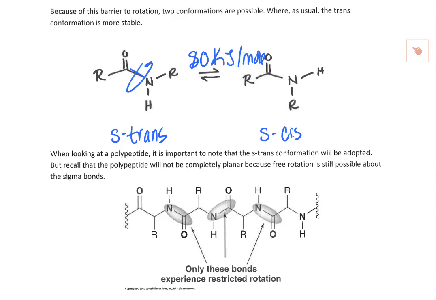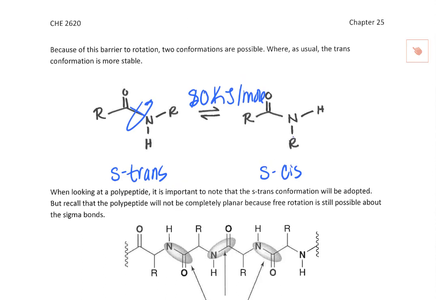So let's just really quick remind ourselves of what S-cis and S-trans looked like before. So we saw S-trans like this and S-cis like this when we were doing the diene chapter. I think it was chapter 16, I think. And so when you see S-trans, right, it had this general structure. S-cis had this structure.